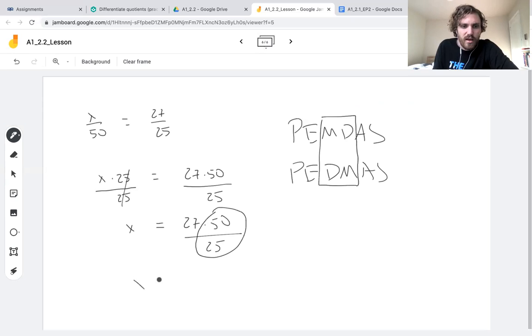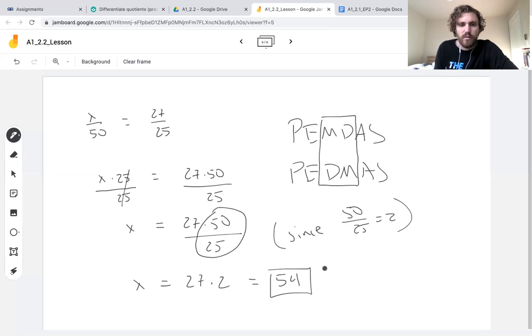So we would get x equals 27 times 2, since 50 divided by 25 equals 2. And then 27 times 2 is 54. So we get 54.